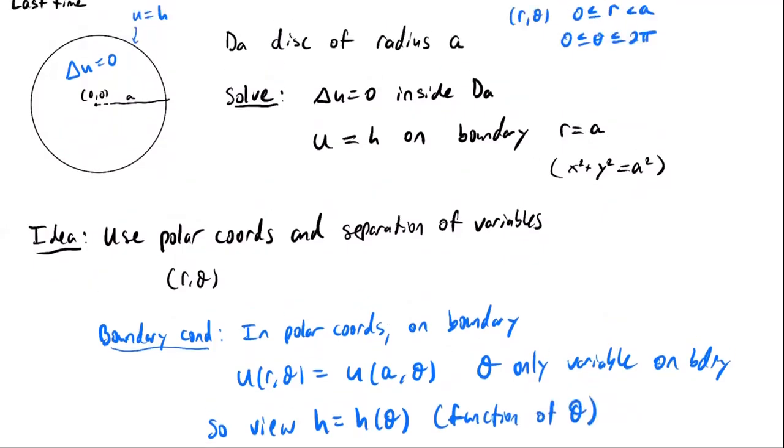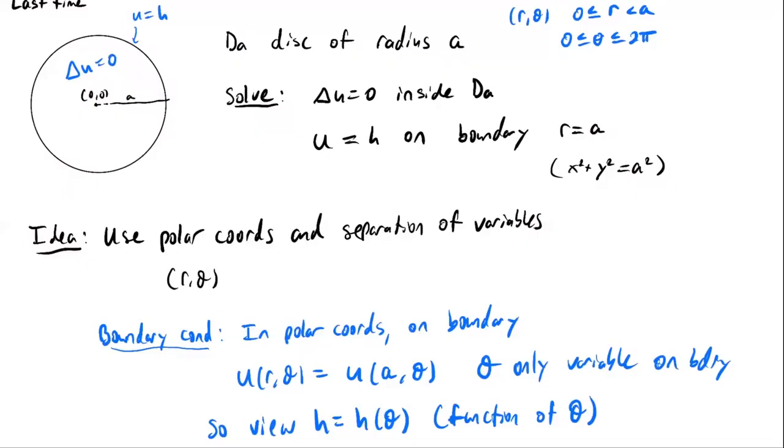The issue with this is that, let's say I start when theta is equal to 0 over here, as we saw last time. As I let theta increase between 0 and 2 pi, you move around the circle. But as soon as theta hits 2 pi, I come back to where I started. Similarly, if I start at this point over here and keep increasing theta along the circle, eventually I come back to the same point. So in order for this to be well defined, we want to require that the function h is periodic.